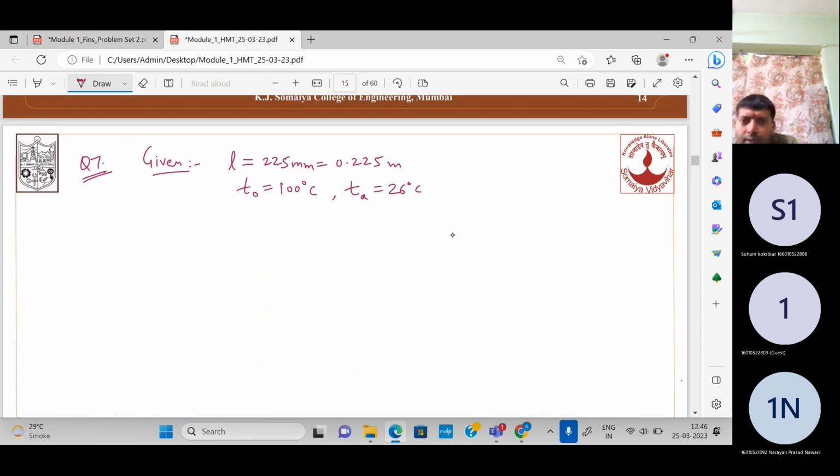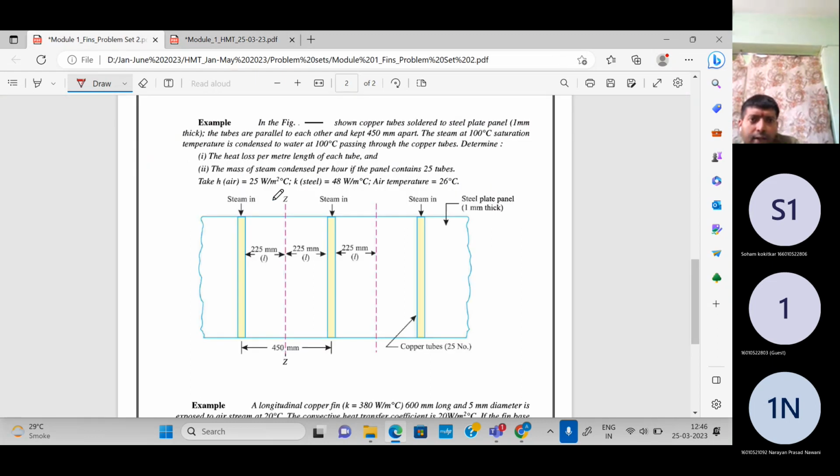So thermal conductivity value I will write 48 watt per meter degree Celsius, and h is 25 watt per meter square degree Celsius. Now we have to find the first one, that is the heat loss per meter length of each tube.